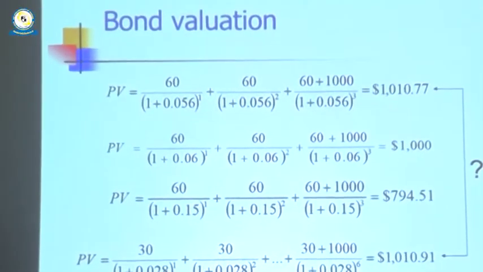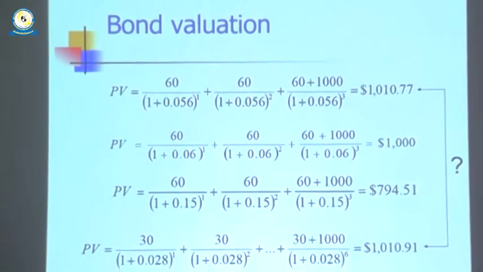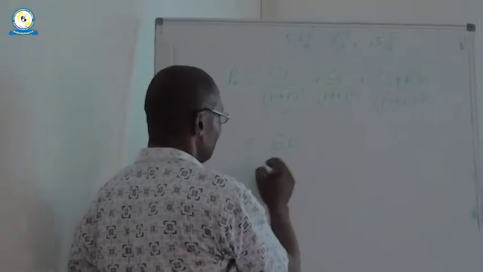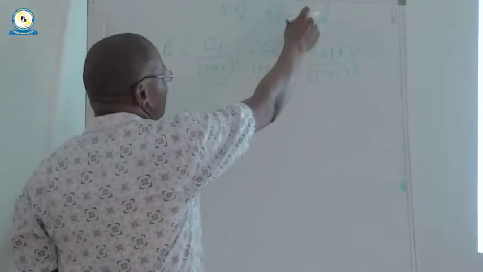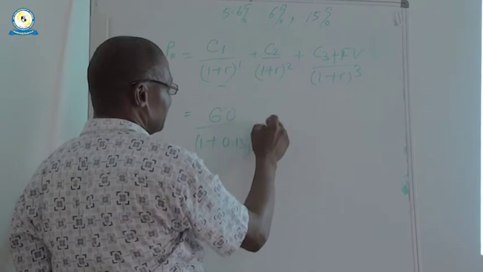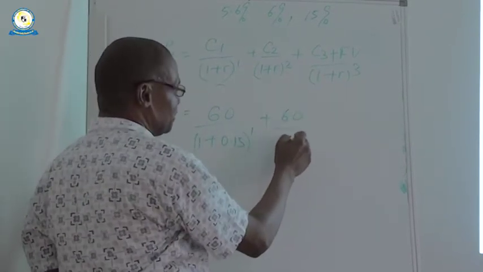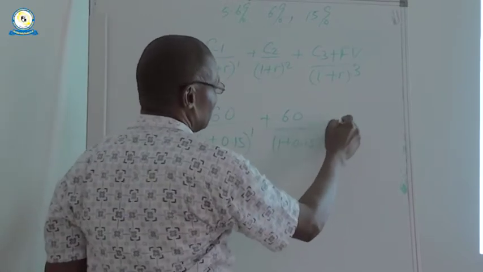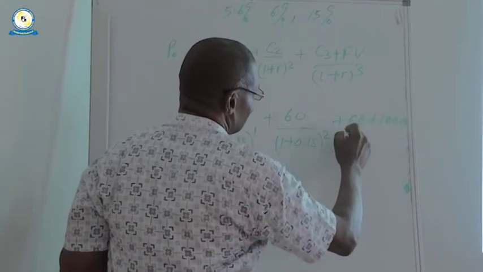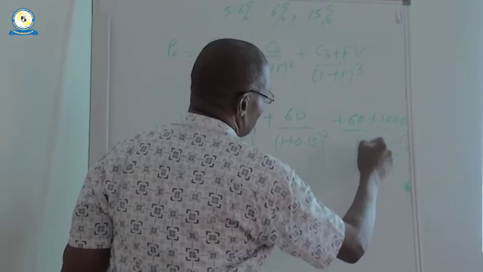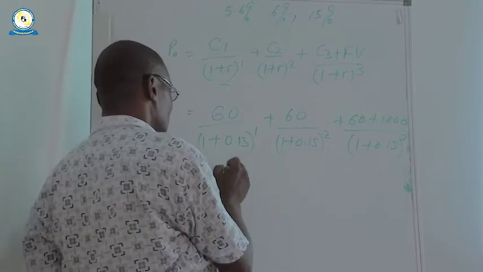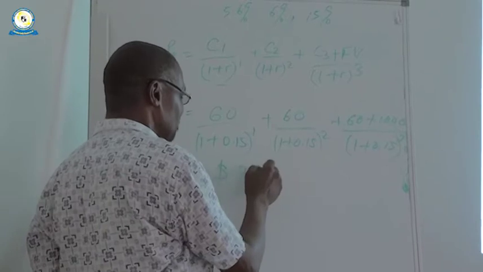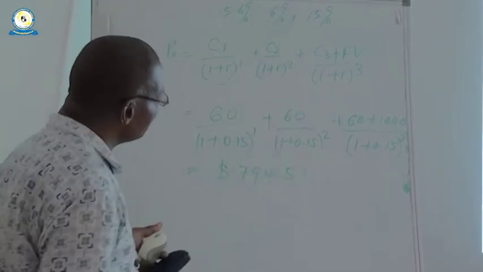In this case, you take 60 over 1 plus, instead of using 6%, 0.15, because we are using this rate, power 1, plus 60 over 1 plus 0.15 squared, plus 60 plus 1,000 over 1 plus 0.15 power 10. It brings us to US dollars 794.51.